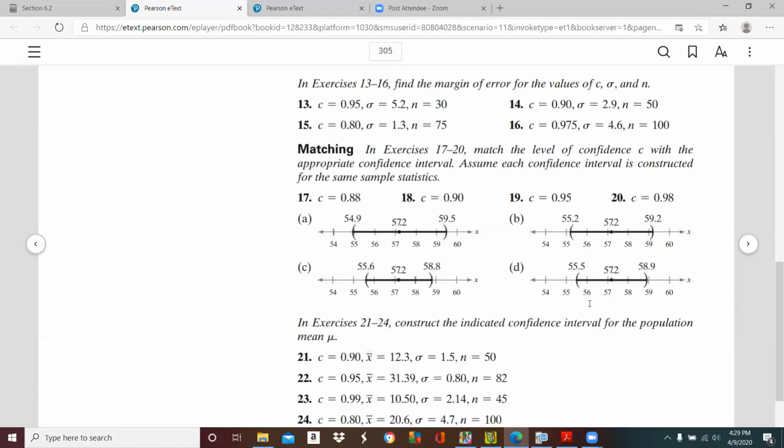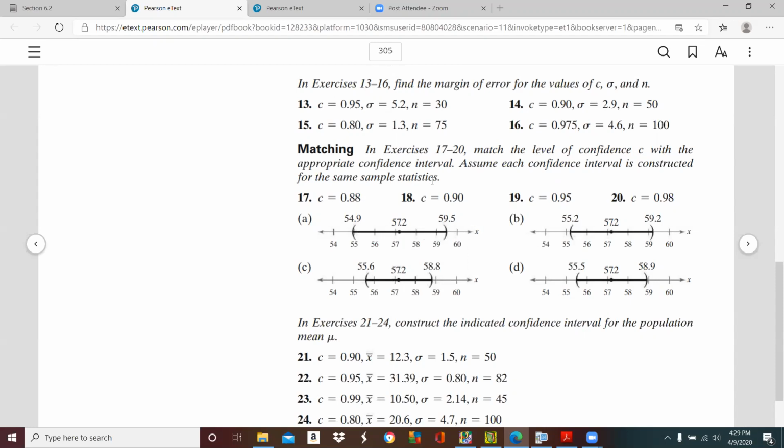So which one has the smallest? Which one is the most narrow of the intervals? It's this one right here, 55.6 to 58.8. And this is the next most narrow one. And this one here is the next most narrow one, and this is the widest one.